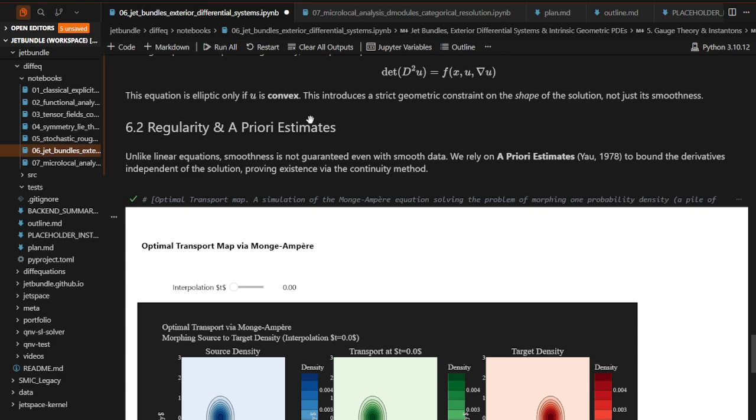And so in the same way, smoothness is tricky. Yau's estimates in 1978 estimated bound derivatives, which enable the idea of a continuity method, allowing us to get solutions that are independent of smoothness itself.